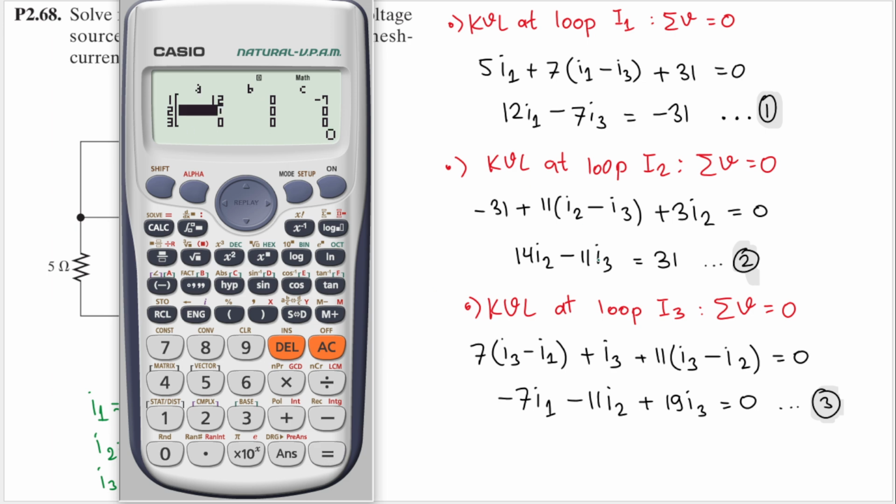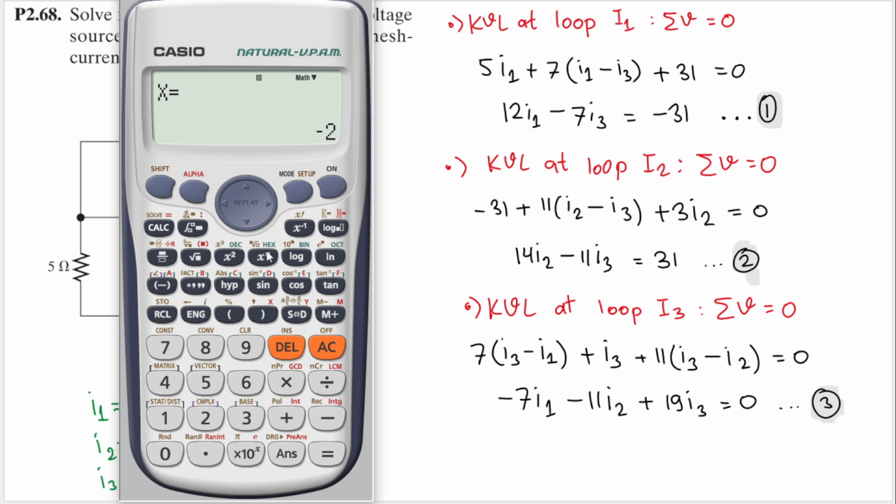Now the second one. I1 is 0 here, but we will have 14 I2, so I'll have 14 here, and I will have minus 11. On the right hand side, I will have 31. And here we will have minus 7, and then minus 11, and then 19.